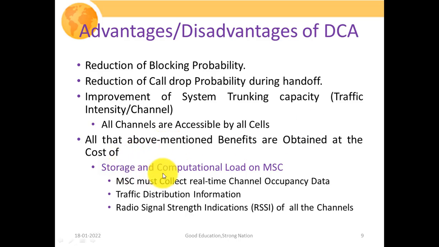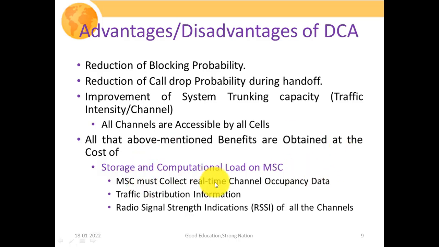This is the storage and computational load on the MSC. Since in this scenario the MSC is the central entity which caters to the requests or demands of all the base stations, if the MSC has to deal with all those requests, it must perform extensive computation.